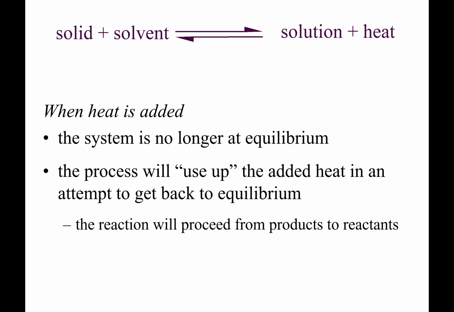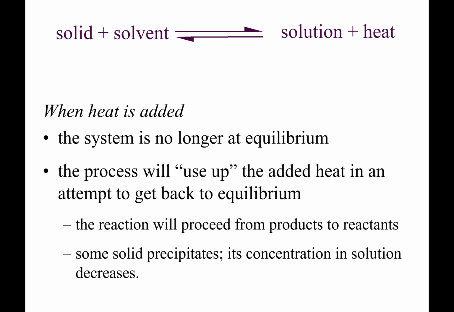So in this case, you're going to actually see some solid precipitate form when you heat it up. To me, the salts we looked at, the only one that would fit this bill would be the cesium sulfate, whatever. But some things are actually exothermic. You dissolve them.